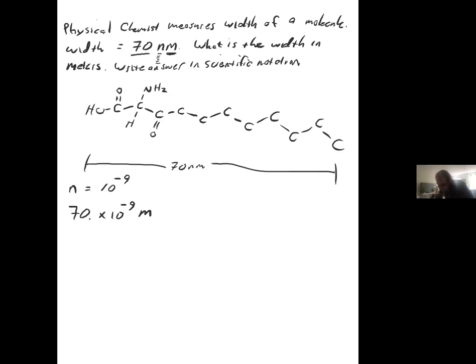You move the decimal point in the direction such that you get a new number that's between 1 and 10. So 70 is not between 1 and 10, but 7.0 is. So that tells you you moved the right direction. You moved it to the left.